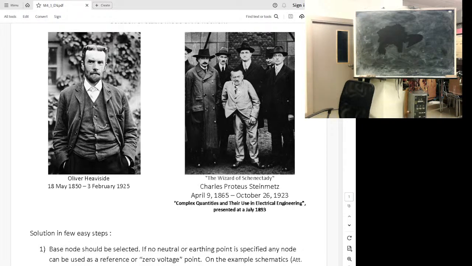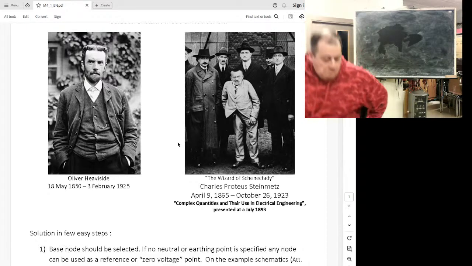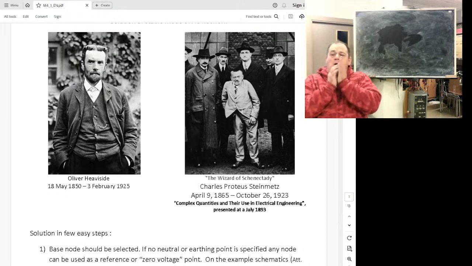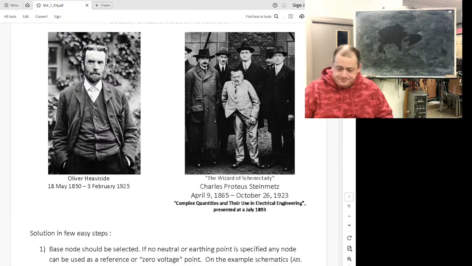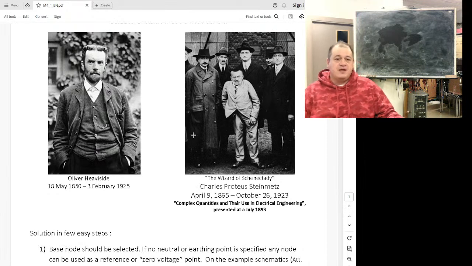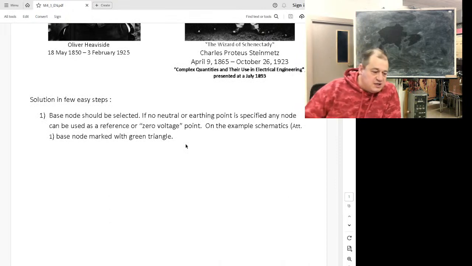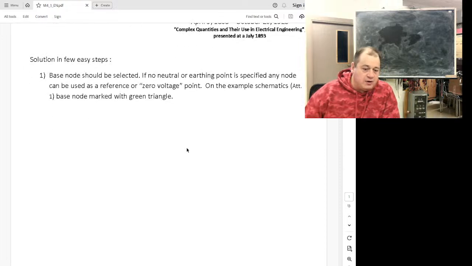AC networks? With the help of Heaviside and Steinmetz science, we can use a technique extremely similar to the one we used on DC networks.